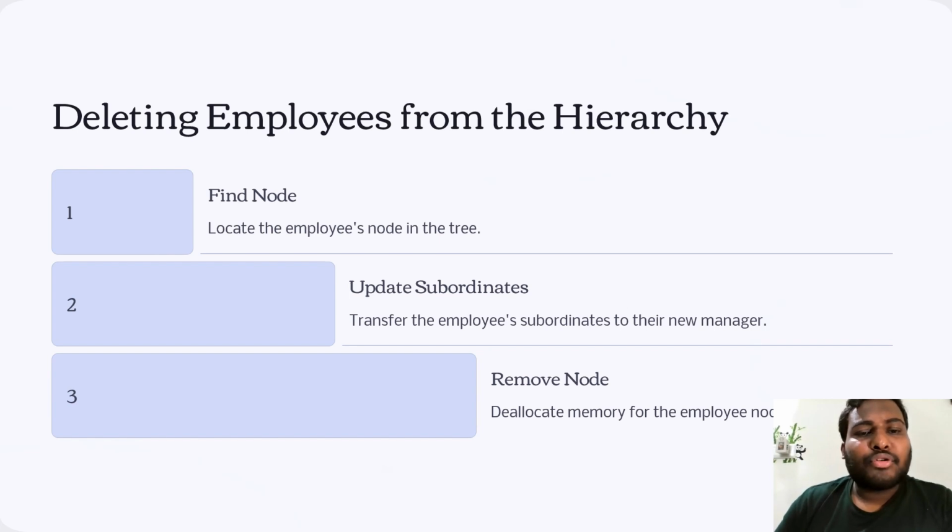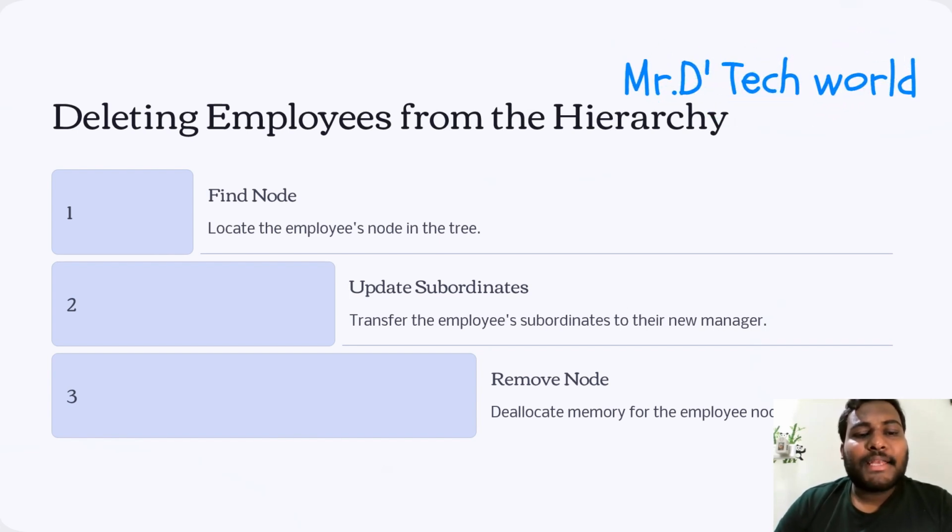Deleting is a crucial role in a hierarchy, where employees usually jump from one company to another company, and the previous company should delete the previous employee's records, so we are going to use a delete option.